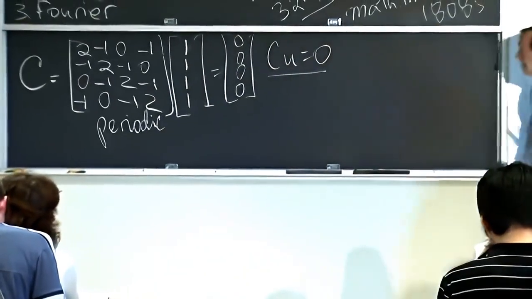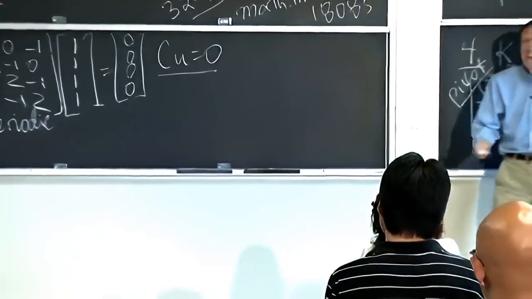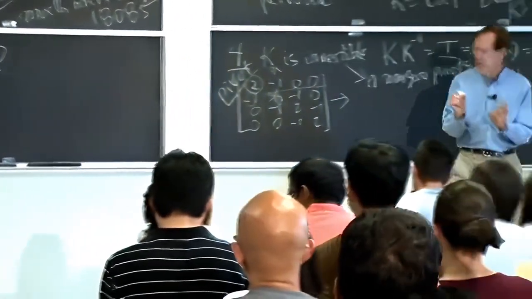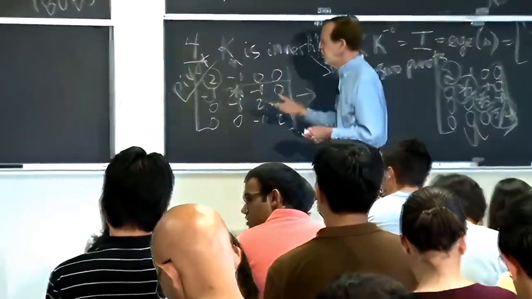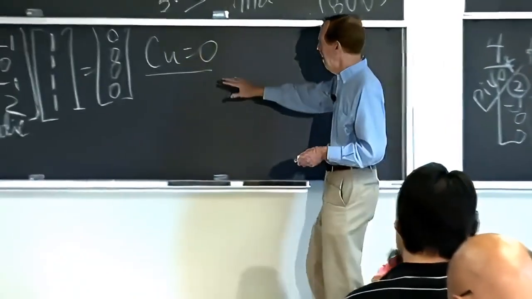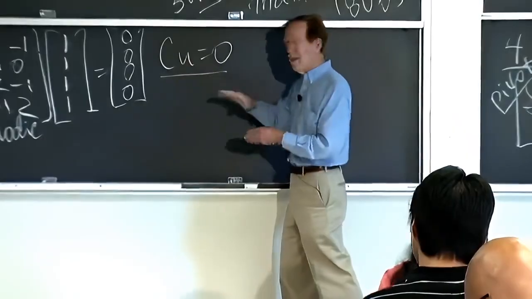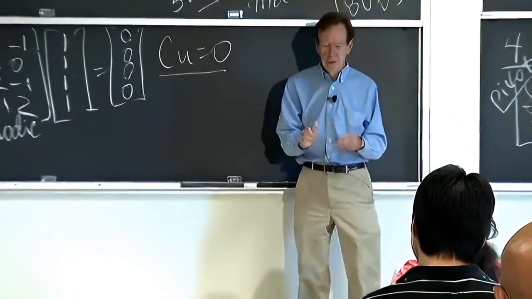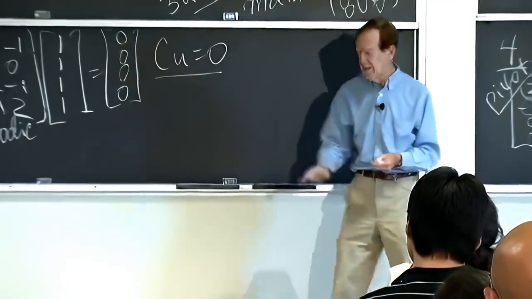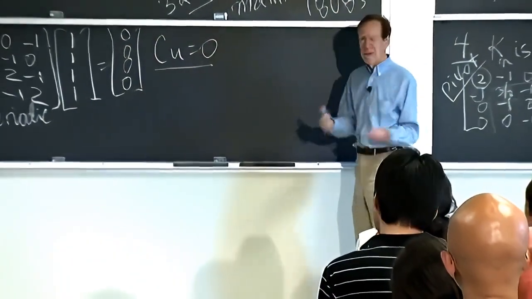And why does that show that the matrix isn't invertible? Because that's our point here. I have a solution to CU equals 0. I claim that the existence of such a solution has wiped out the possibility that the matrix is invertible.